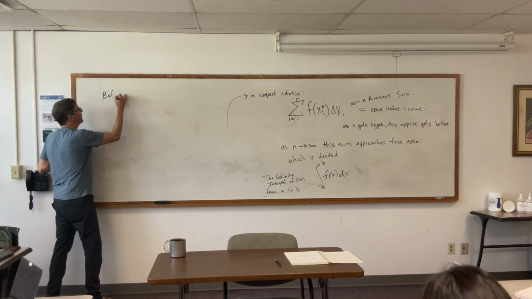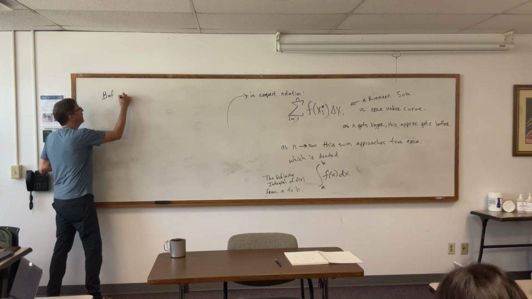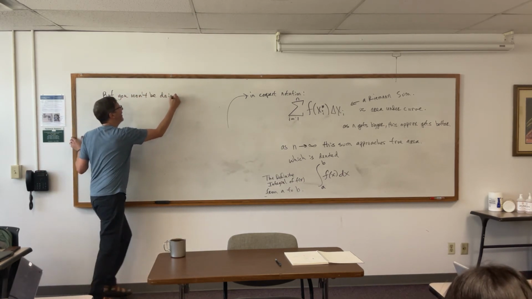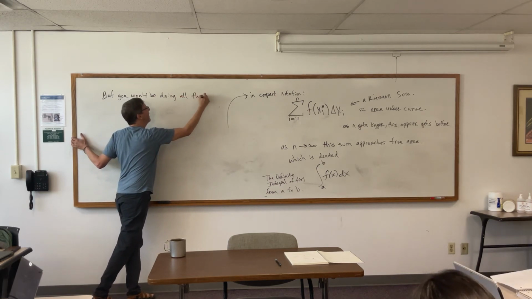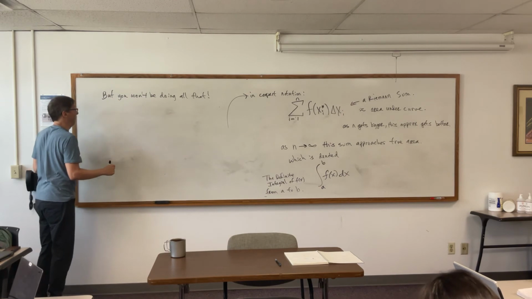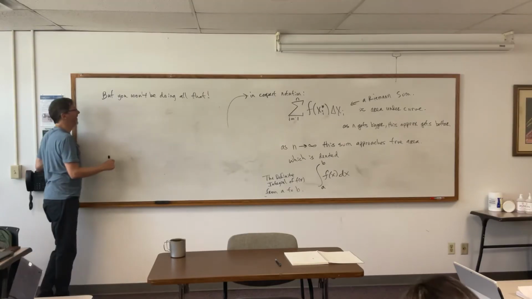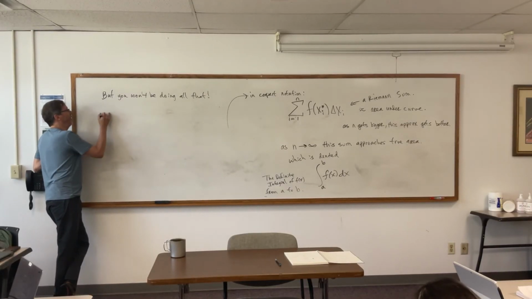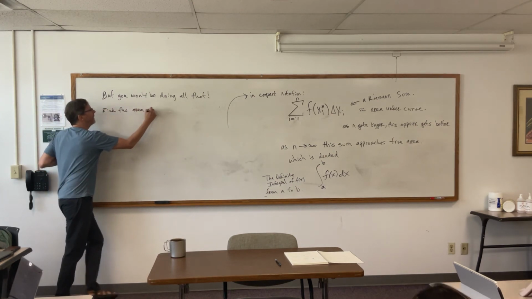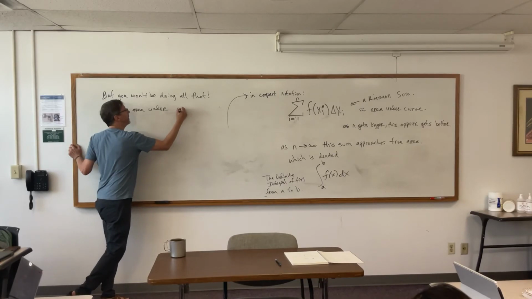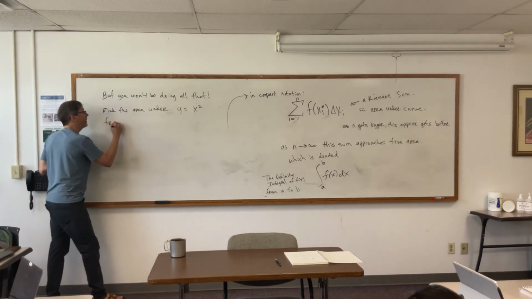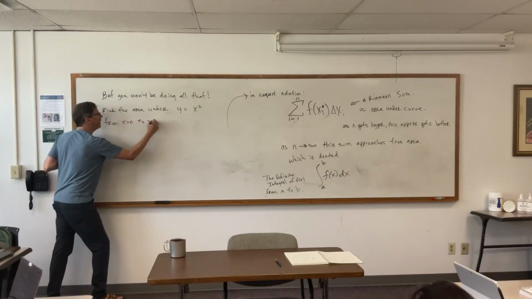But you won't be doing that. Exclamation point. Make sure, like I'm not messing around. That's for real. Instead, what you'll be doing is this. Find the area under y equals x squared from x equals 0 to x equals 1.